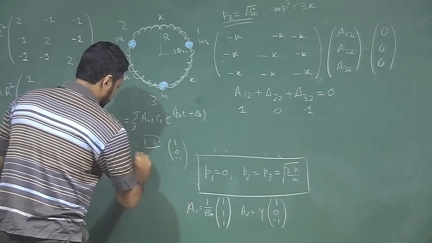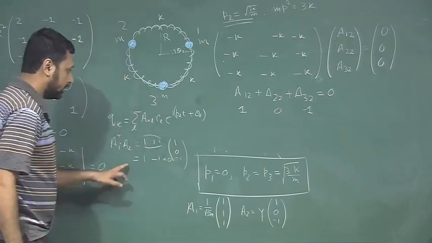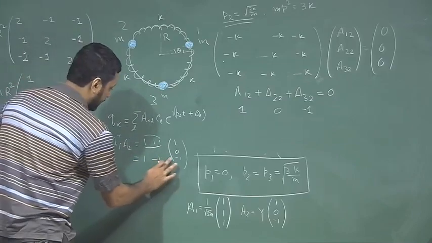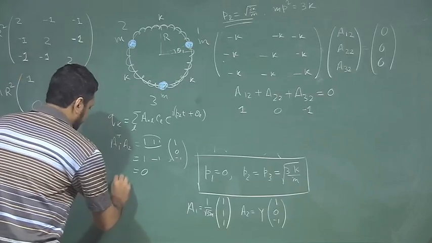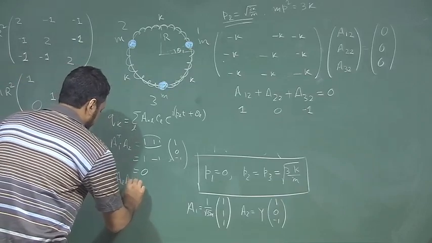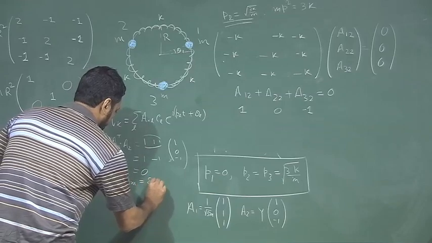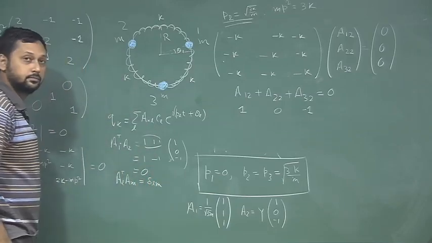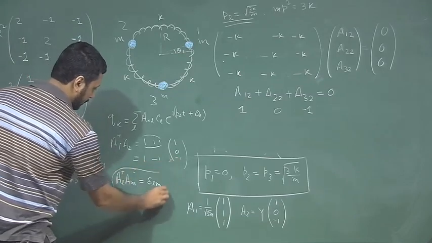If you do that, it will be 1 minus 1 equal to 0. This is the orthogonality condition, not normalization, that a L dagger a M is equal to delta L M. This is the condition for orthogonality, and we have to follow this.